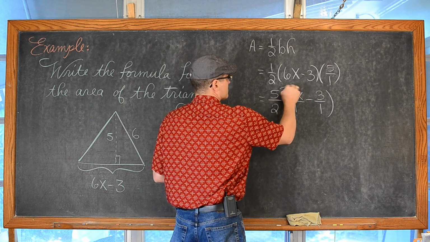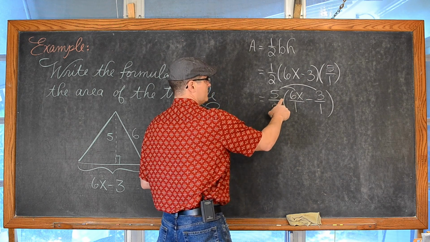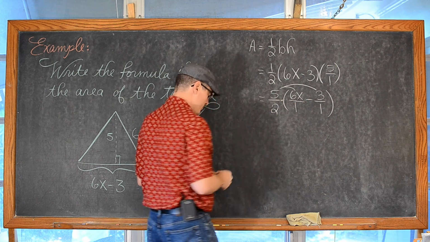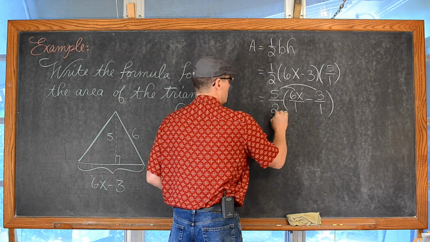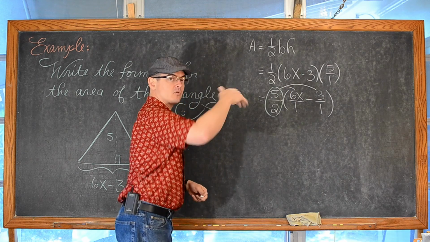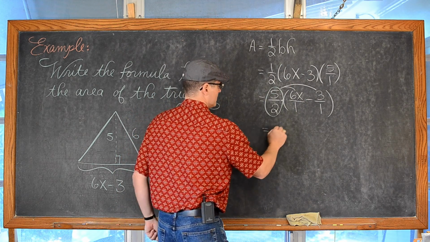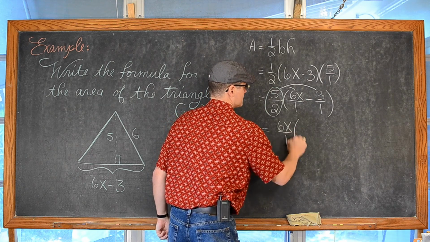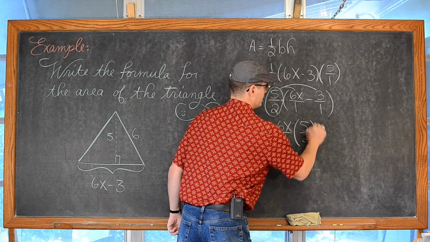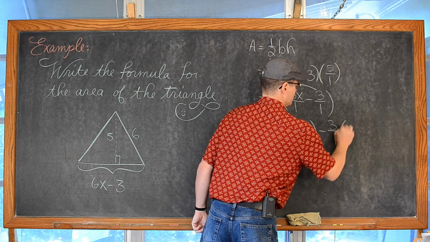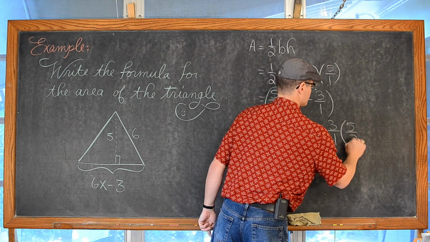So as we put this through, the 5/2 is touching the parentheses, and that means that all of that 5/2 is getting multiplied through the parentheses. We get 6x/1 times 5/2 minus 3/1 times, again, 5/2.